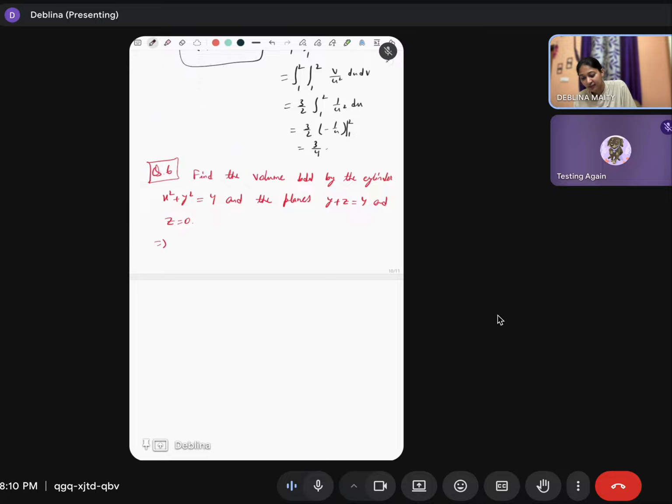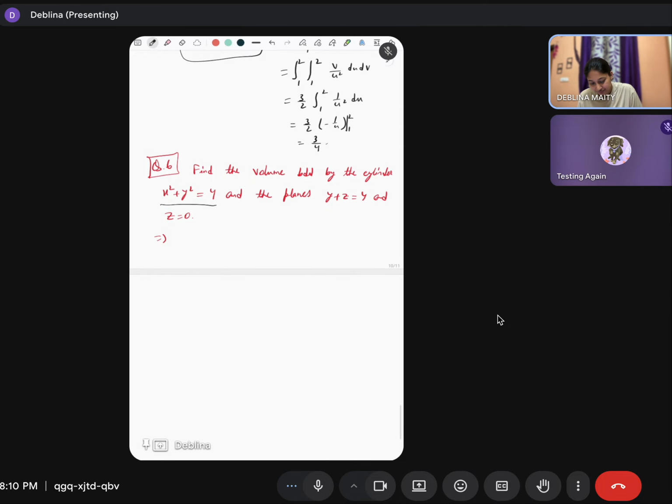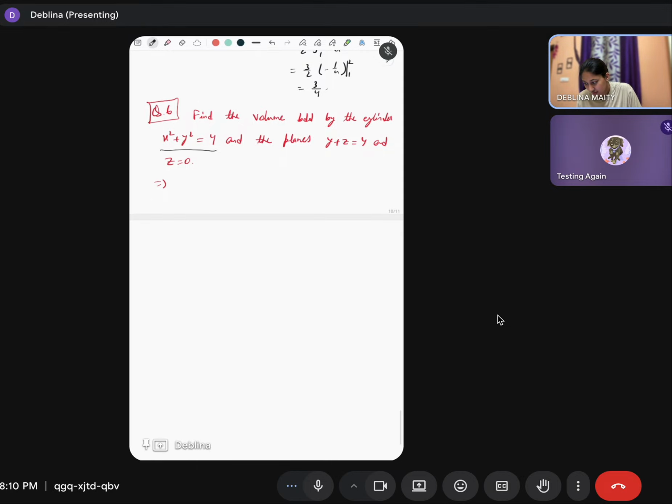This is a cylinder, right? Because z is not here, so z is arbitrary, z can take any value. So first make a cylinder.